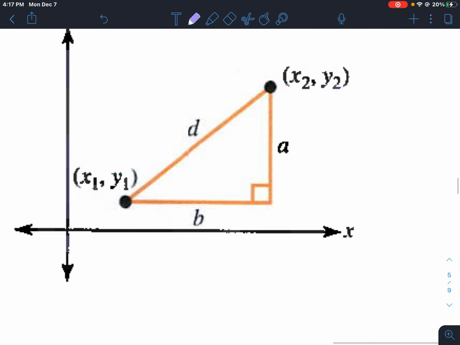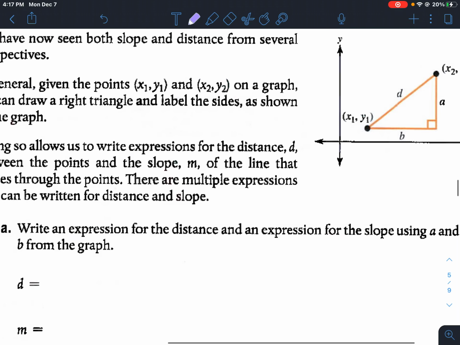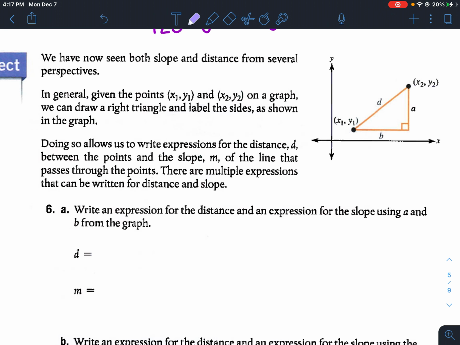Okay, so we have A, B, and then D is our hypotenuse, essentially. Doing so allows us to write expressions for the distance, D, between the points and the slope, M, of the line that passes through those points.